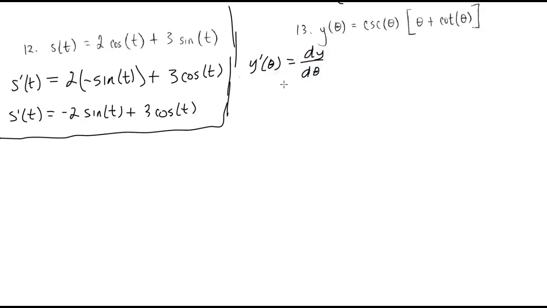And also note that we're going to be using the product rule. So if I let this be u and let all of that be v, then this is going to be derivative of first times the second plus first times derivative of second.